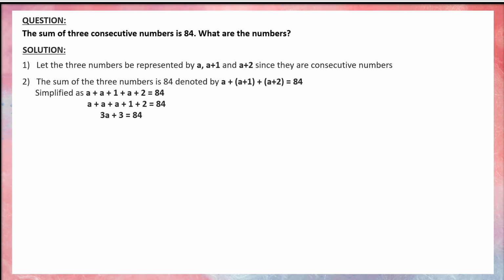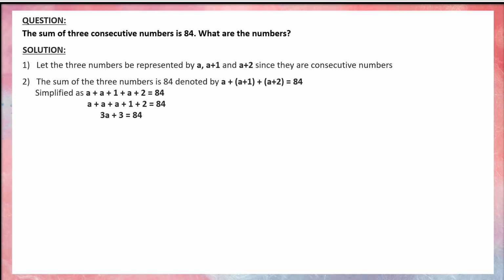So that is denoted by number 2, which says that A plus 1 plus A plus 2 is equal to 84. By the time we open up the bracket, we have A plus 1 plus A plus 2 is equal to 84.